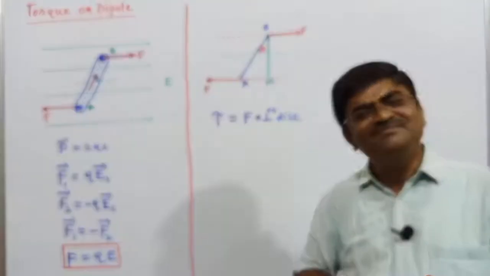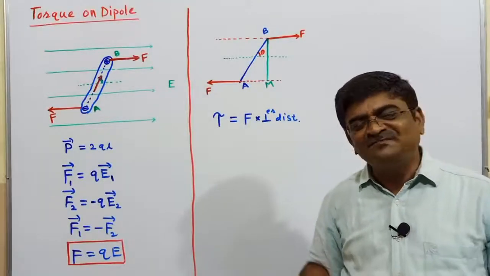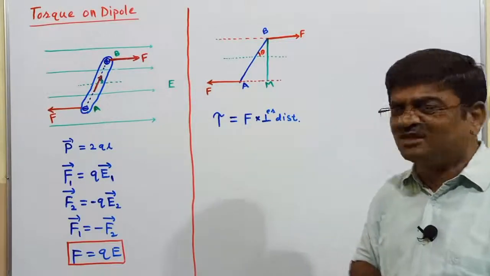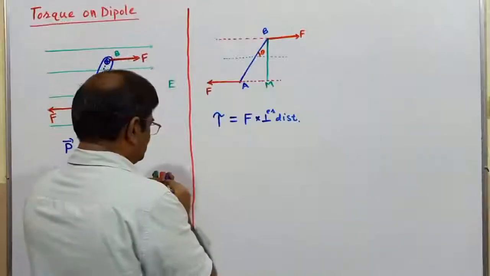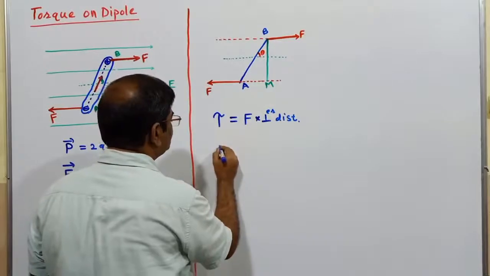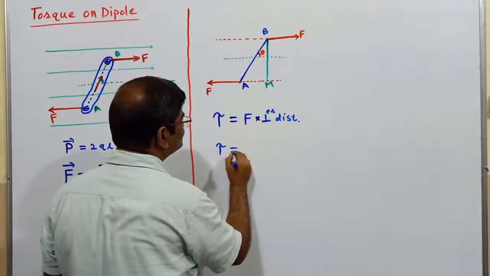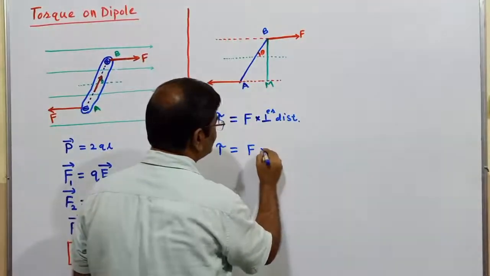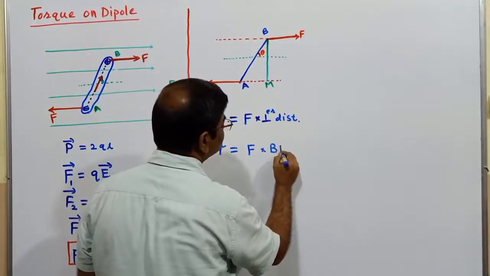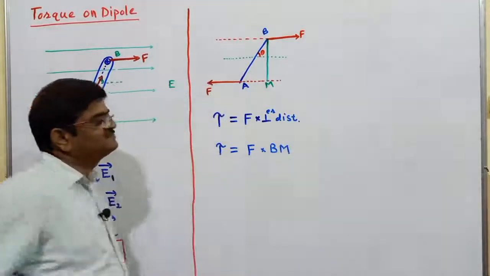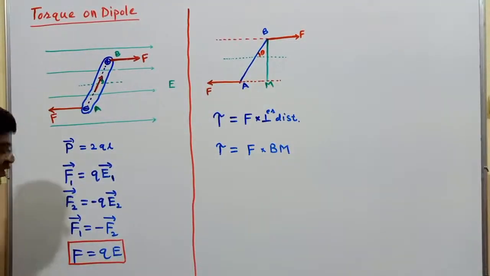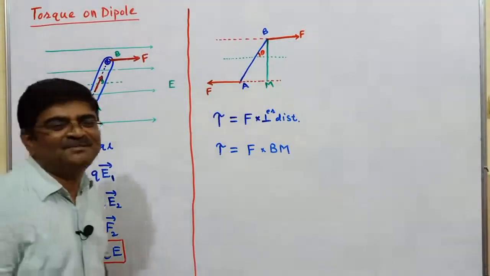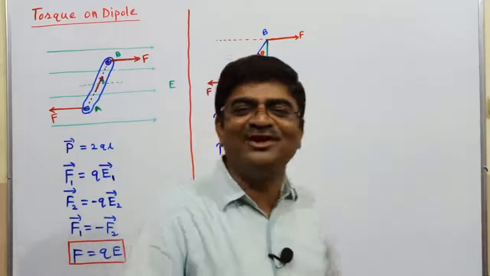I can say BM. So I got the force, I got the perpendicular distance. I'll go ahead then. So I write torque equals force into perpendicular distance BM. Force I have got, but the perpendicular distance I don't have.